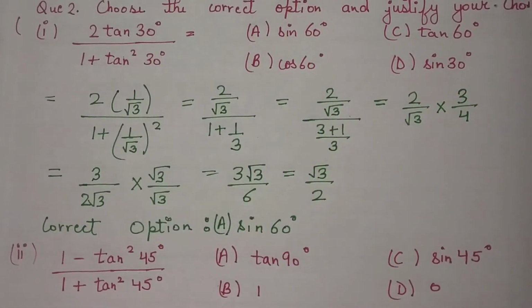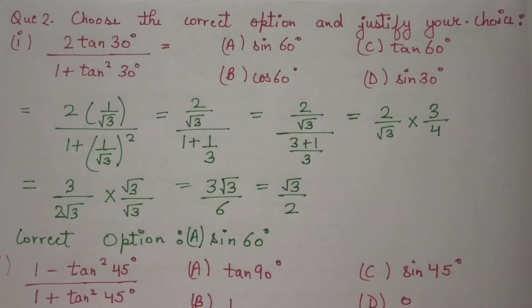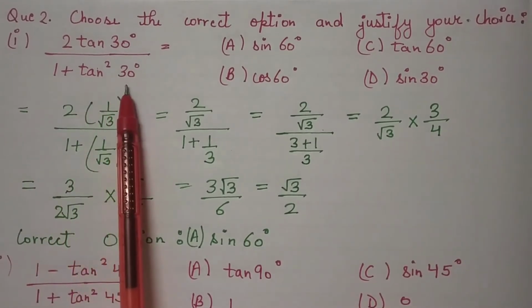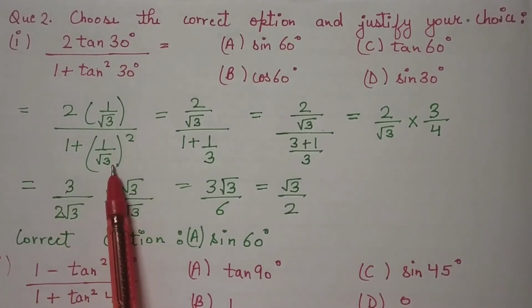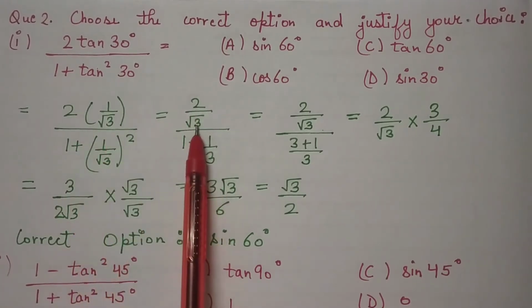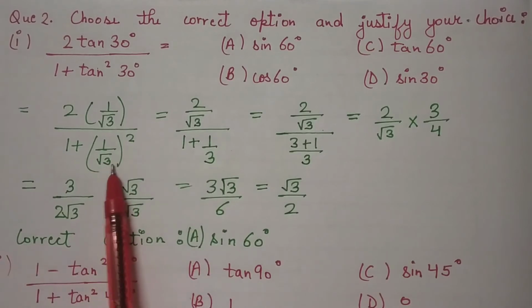Now the second question. Choose the correct option, justify your choice. First part is 2 tan 30 degree by 1 plus tan square 30 degree. Solve it simply by putting the value. Multiply 2 with 1 by root 3, 2 by root 3, over 1 plus 1 by 3 by taking the square.